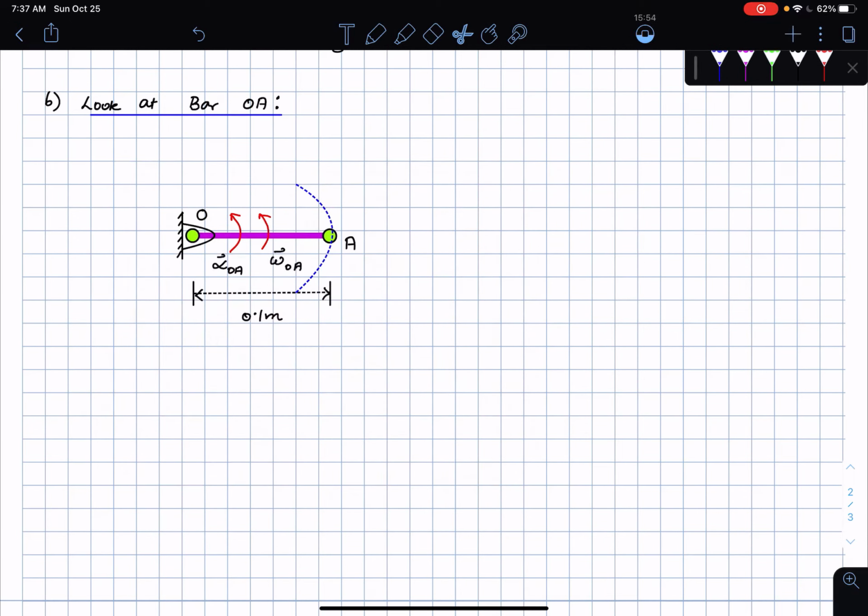Then I know that the velocity of A is going to be tangent to that particular path, and it's going to be in the vertical direction.